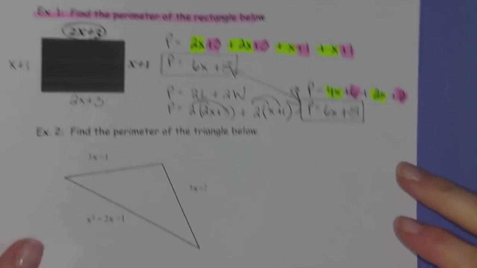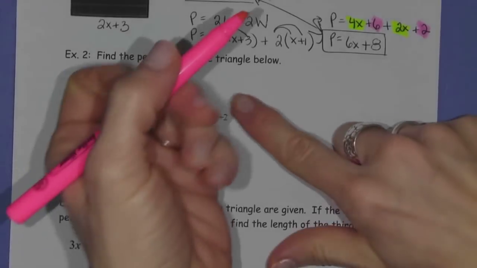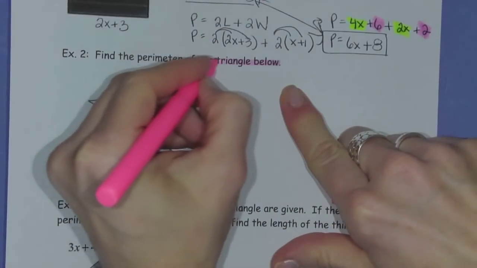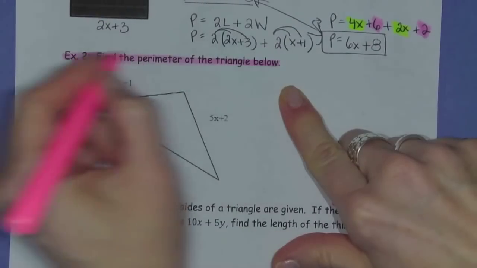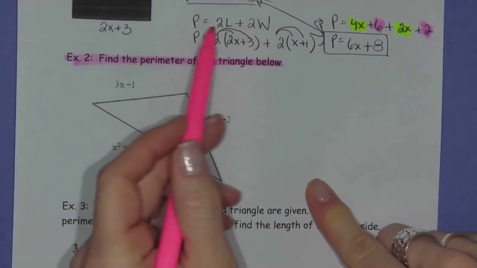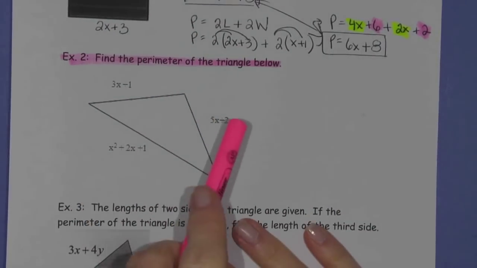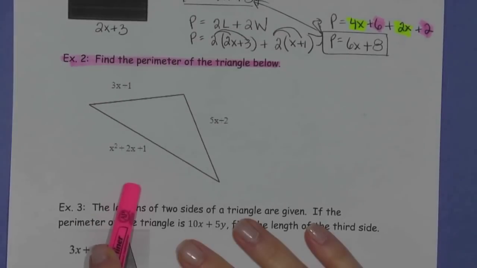Okay, let's move on to example 2. Again, another perimeter problem. It says find the perimeter of the triangle below. Now, a triangle only has 3 sides, so I cannot use this formula here. This is only for rectangles. So for this one, I will just simply add up all 3 sides.